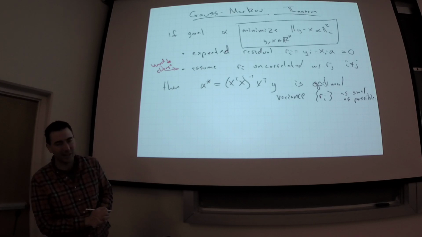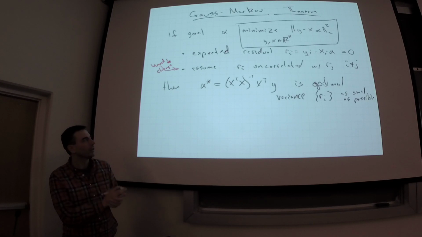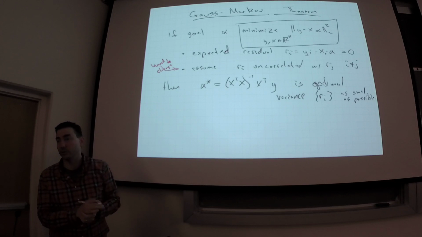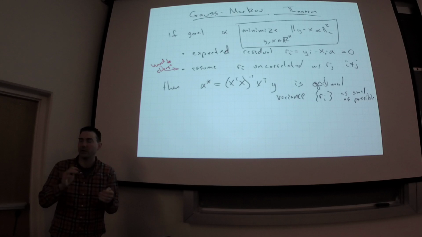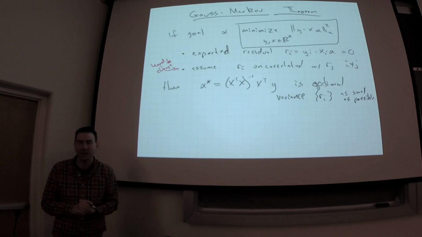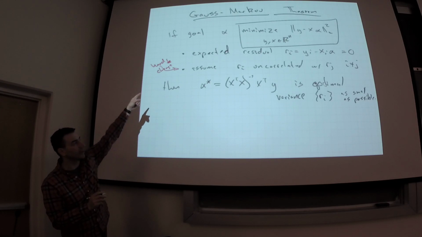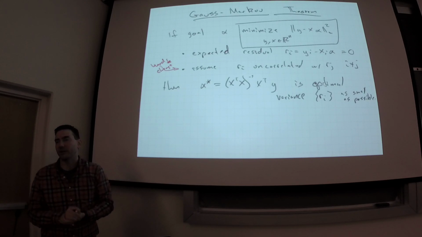Okay, it's not that we can't get it, we can find the one that has expected residual 0, if I drew in a model I described, if these are drawn IID, but we're not going to restrict that the expected residual has to be 0.